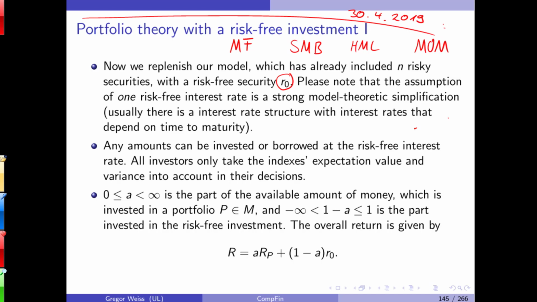Now, even this is a slight oversimplification because 10 years ago, one would have said, okay, we can take US government bonds, we can take US treasury bills and assume that they are risk-free.